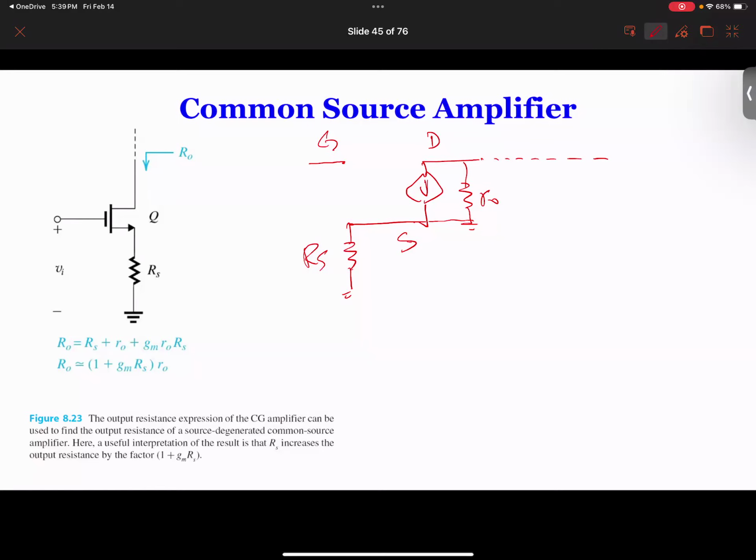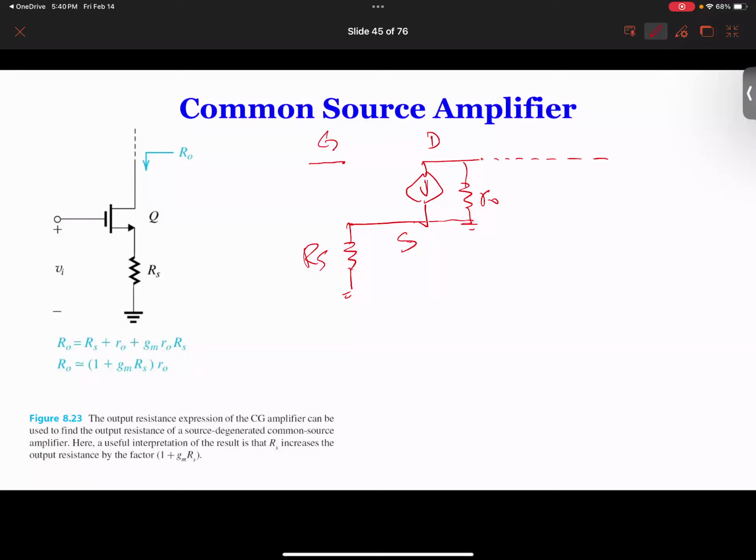So basically, this is your equivalent circuit for the common source amplifier with the resistance at the source. In order to find the gain of this circuit, we apply voltage at the input, and then we find what is the output voltage, and then we get the gain.